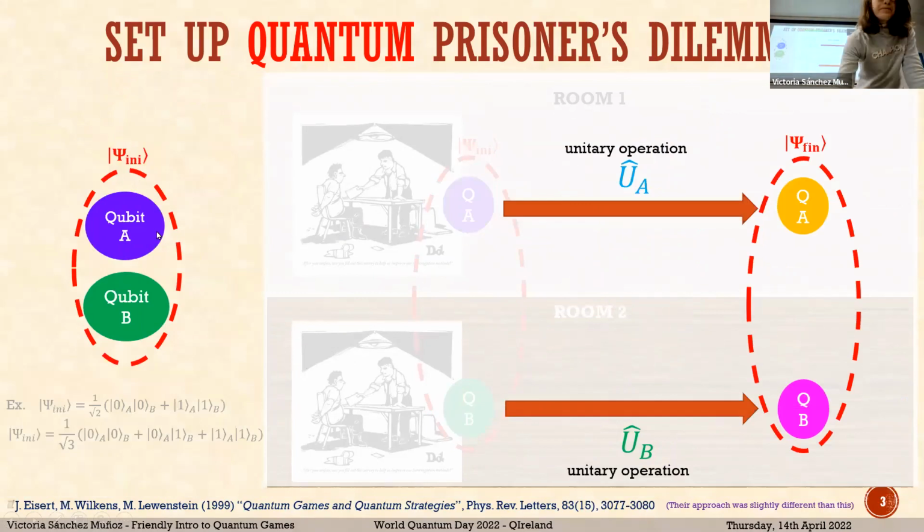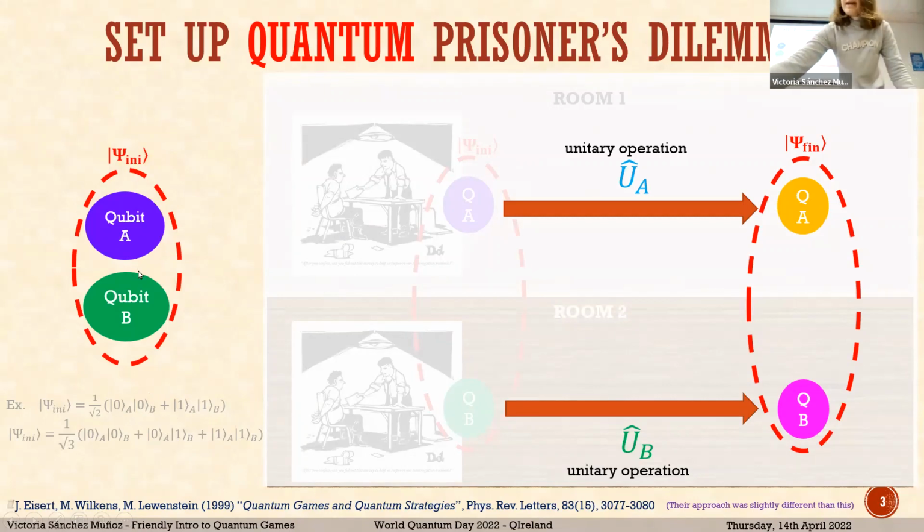Well, for the initial state, if you're familiar with quantum mechanics, one possible example of an initial state would be described by this: 1 over square root of 2 times state 0 for qubit A, state 0 for qubit B, plus state 1 for qubit A as well, and state 1 for qubit B. So this state is a superposition of two states, of state 0,0 and state 1,1, sorry. This is another example of a quantum state that is done as a whole.